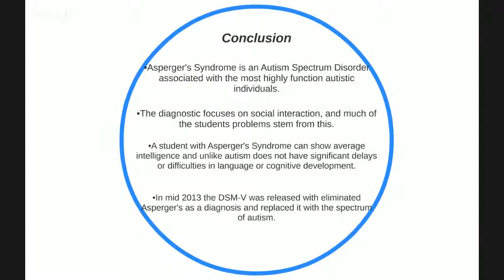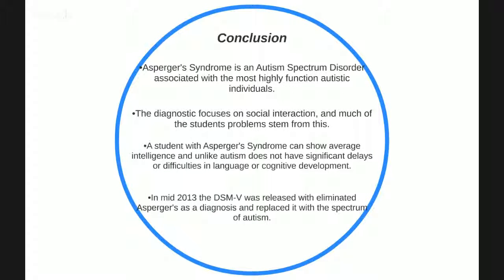Okay. And conclusion. Asperger's syndrome is an autism spectrum disorder associated with the most highly functioning autistic individuals. The diagnostic focuses on social interaction, and much of the students' problems stem from this.